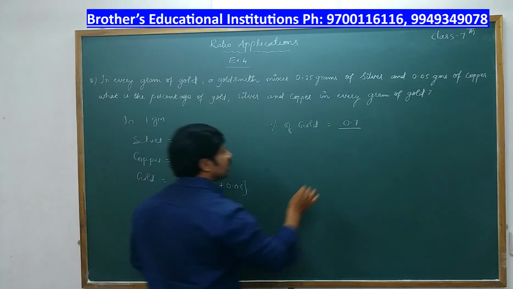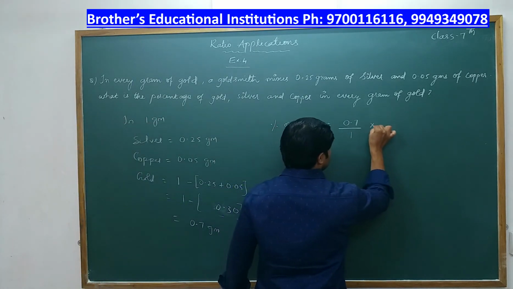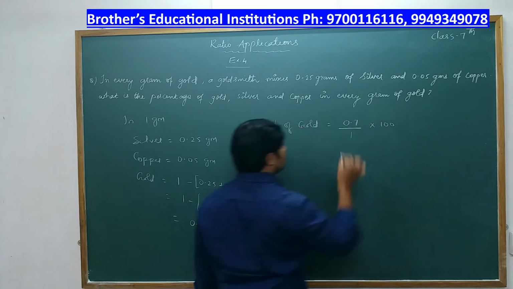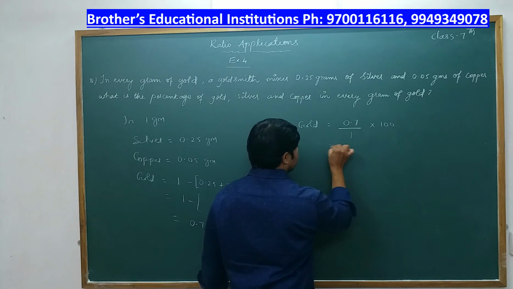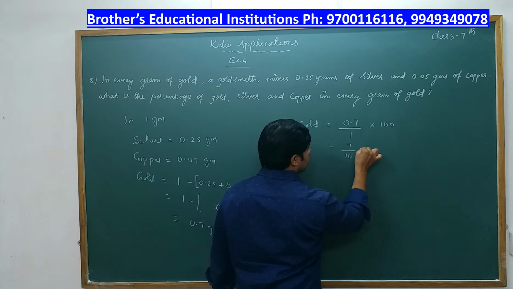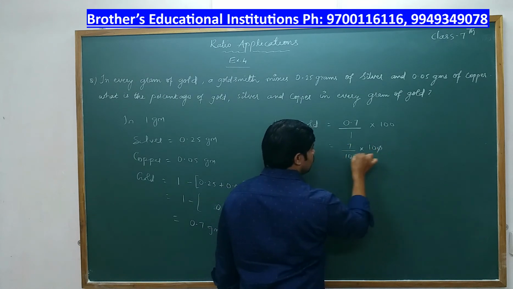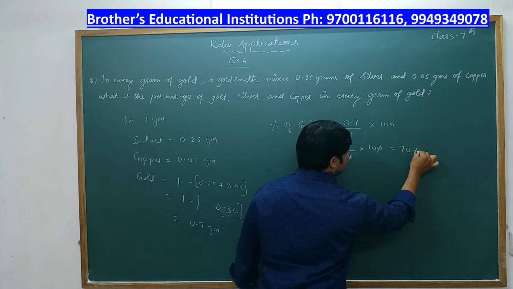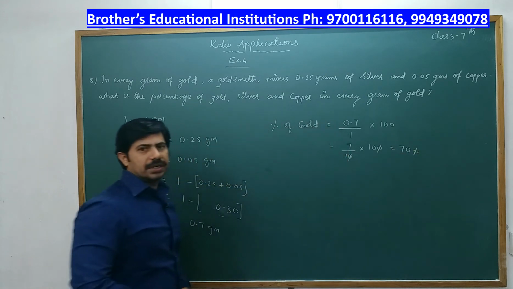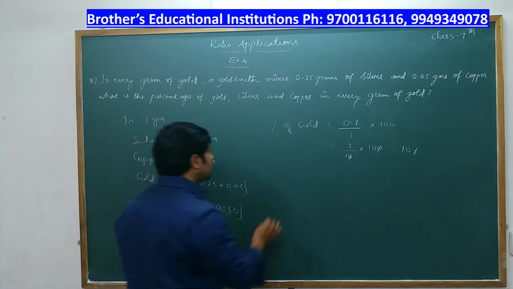So 0.7 by 1 into 100, because we have to convert into percentage. 0.7 can be written as 7 by 10 into 100. The zeros cancel, so 7 tens are 70. It is 70%.